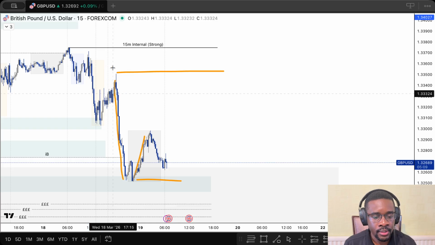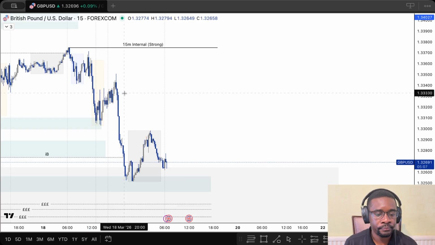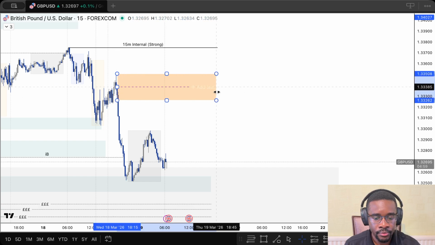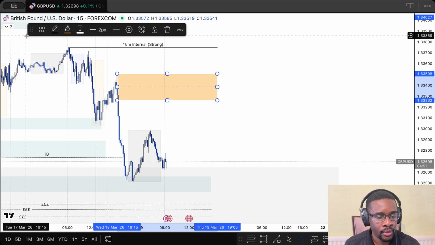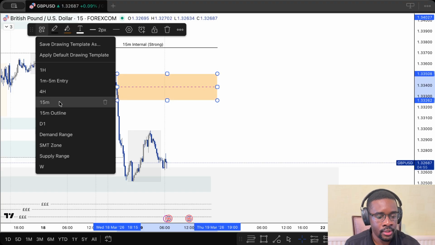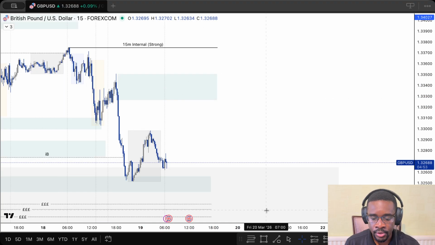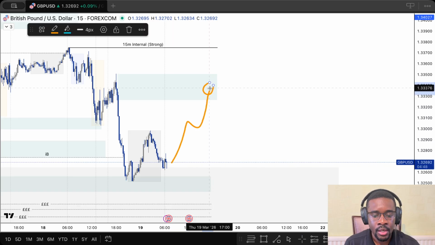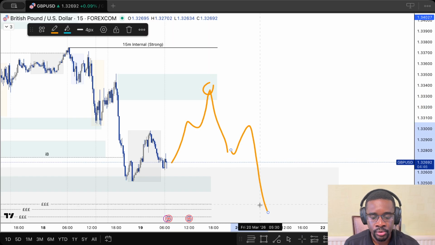Extreme has been mitigated, and that is the decisional. So if price comes up to these areas, then this would be a good area to look for shorts.